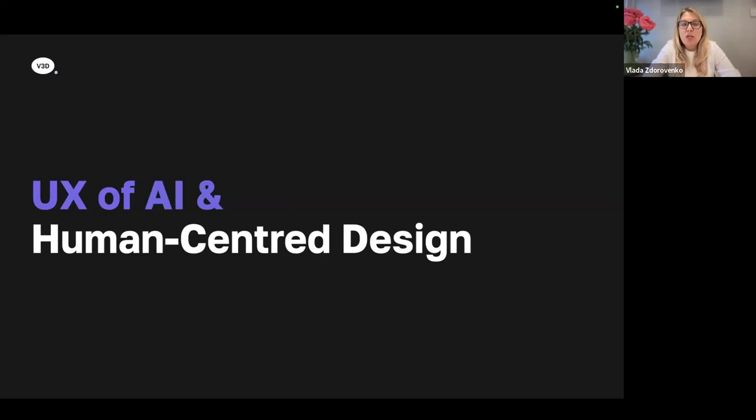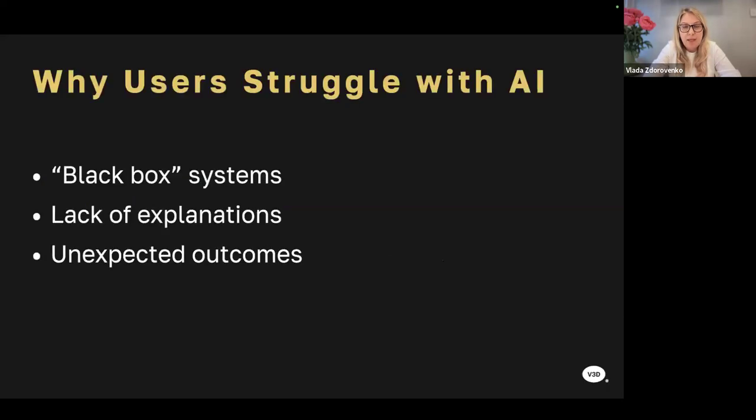So if we talk about UX of AI and human-centered design, what does that mean for us? Usually, AI is a black box system. That means that data scientists are not explaining everything to users, what is going on.